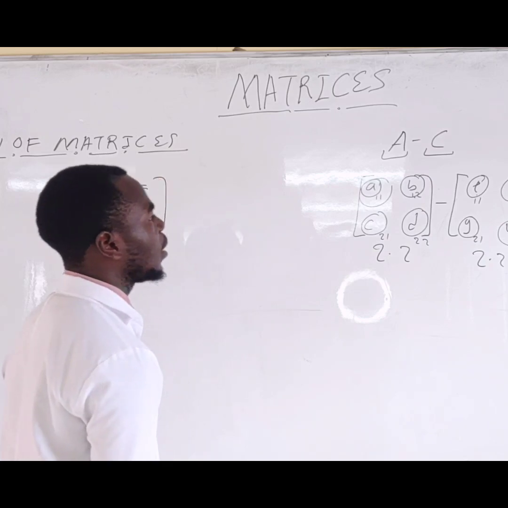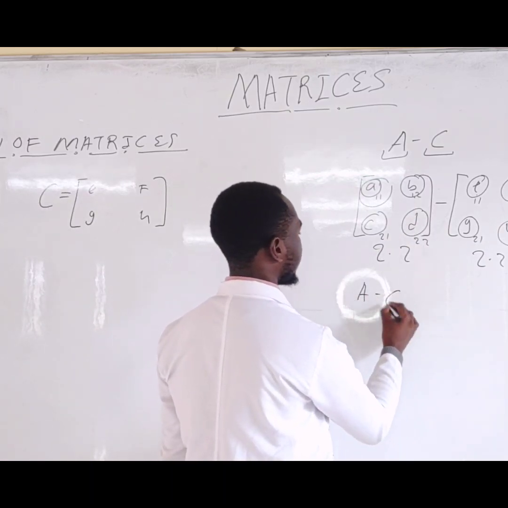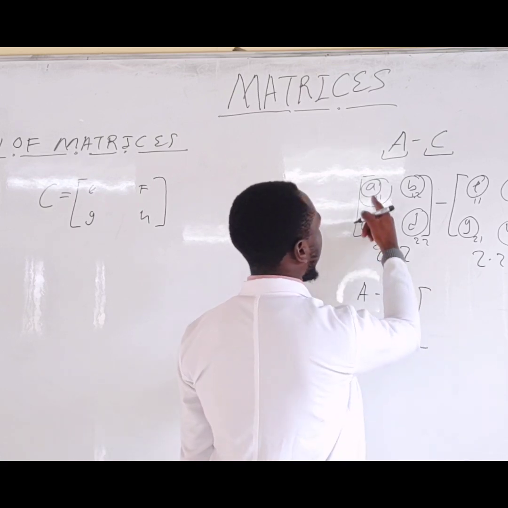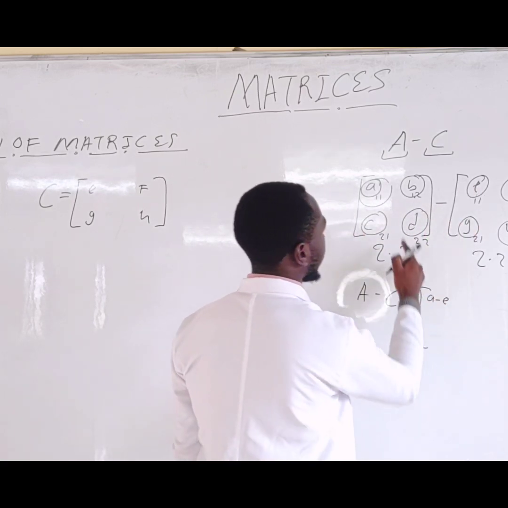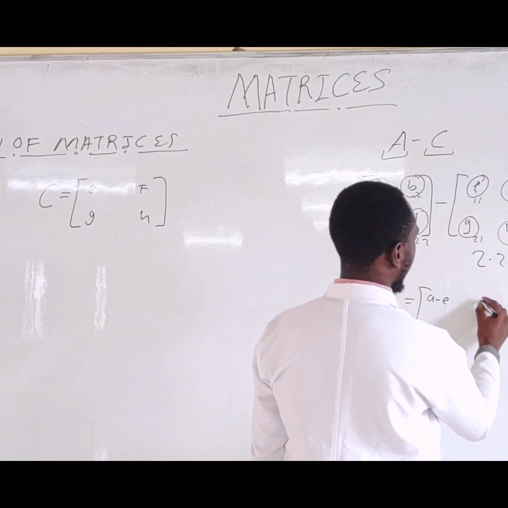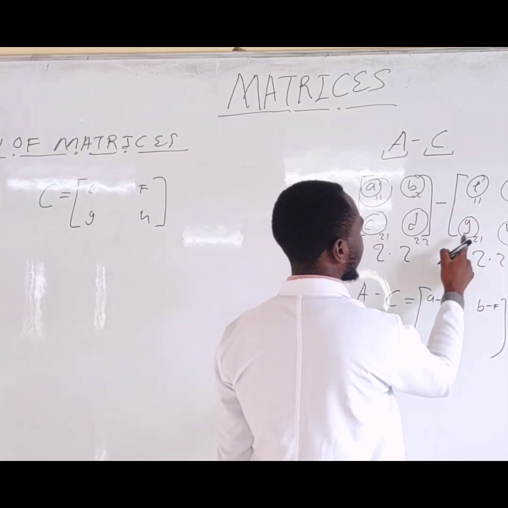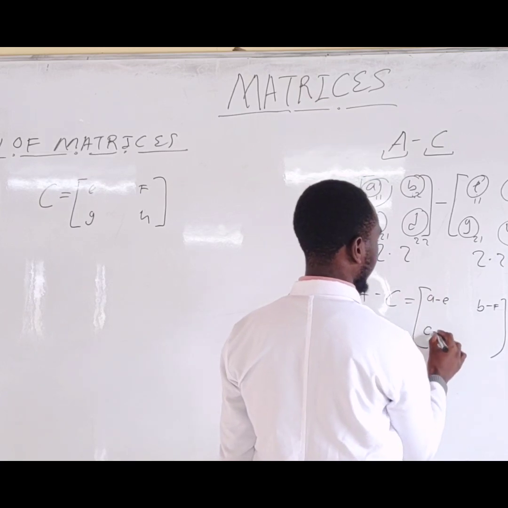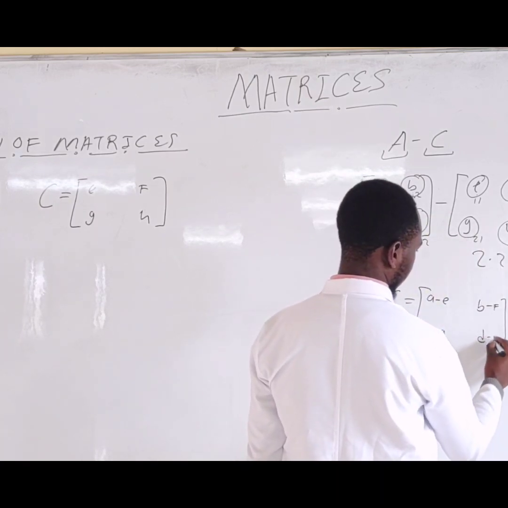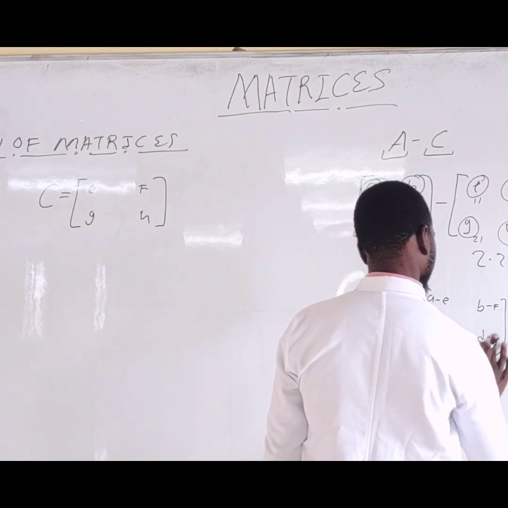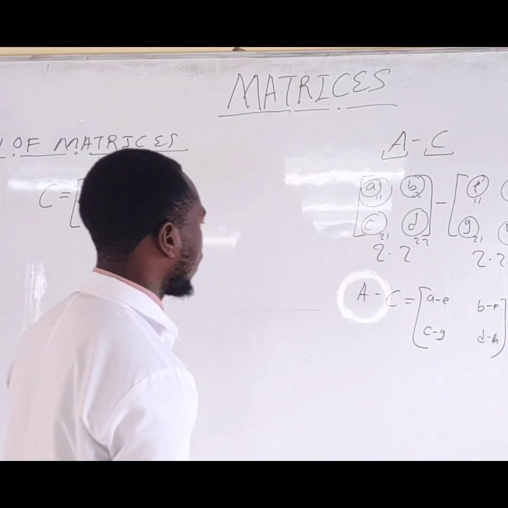So our answer here is going to be A minus C is equal to A minus E, then B minus F, then C minus G, then D minus H. Small letter h, D minus H. You are going to get something like this.